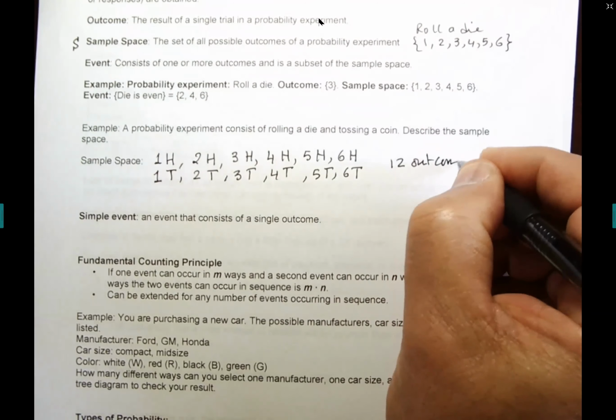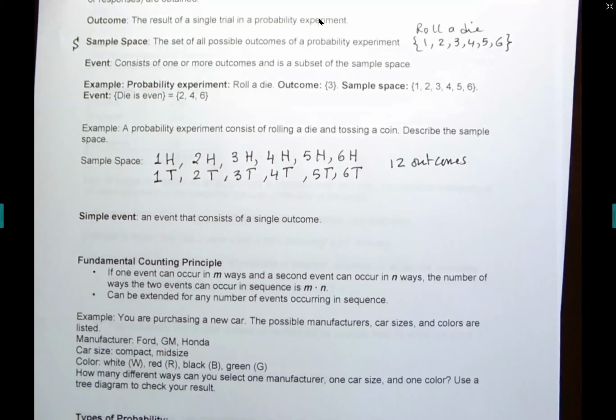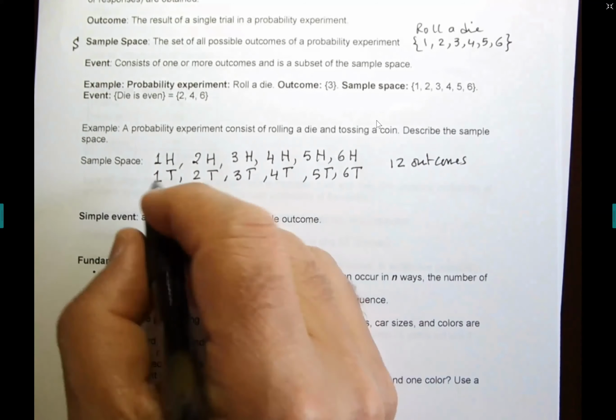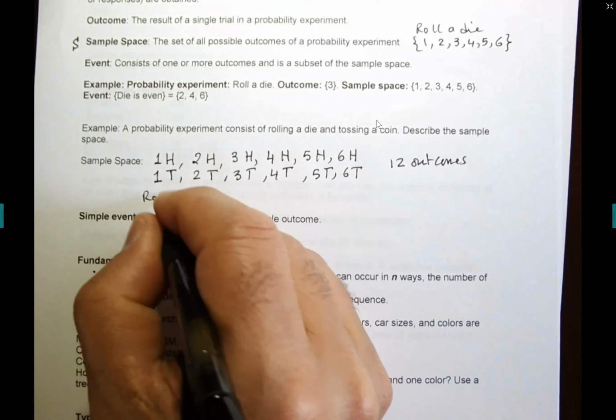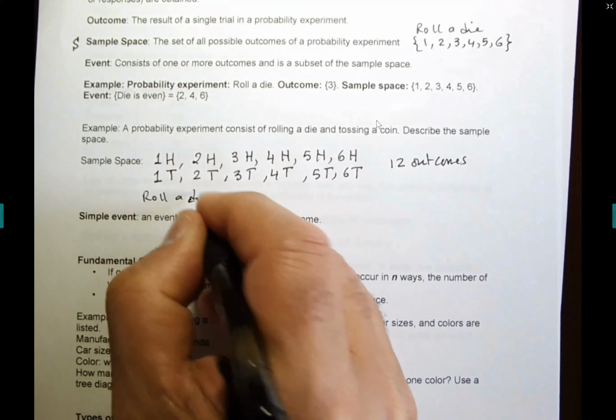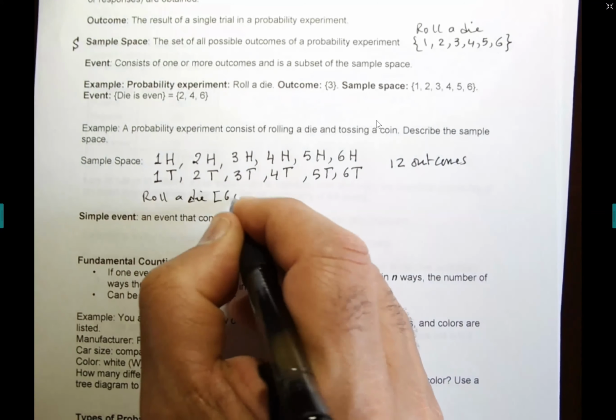You don't do it separately. This is an experiment where we're doing 2 actions at the same time. Now I'm going to show you a very easy way to figure out the number of outcomes. If you roll a die, you have 6 outcomes.